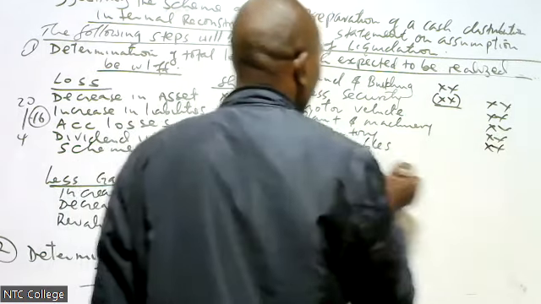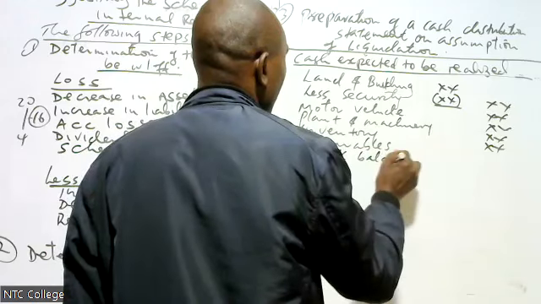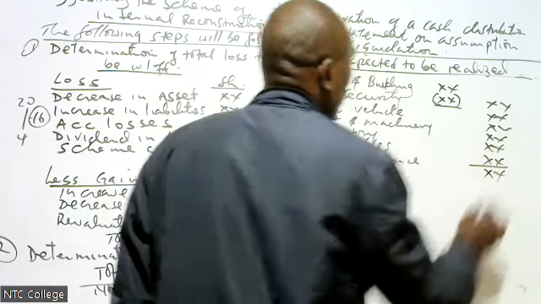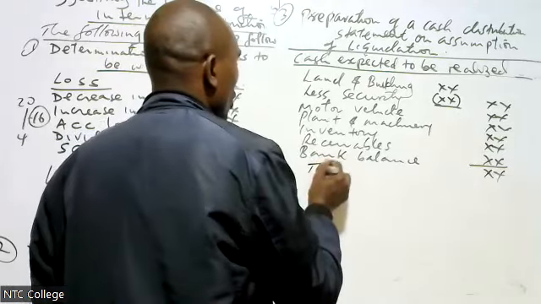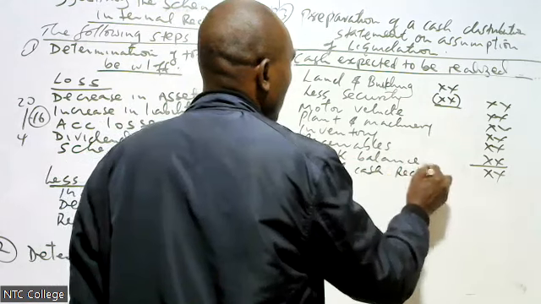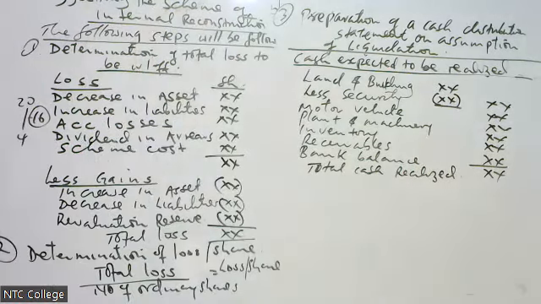This is what I'm realizing. I have bank balance. This is what I'm realizing. Then total cash realized. That is the total cash we have.